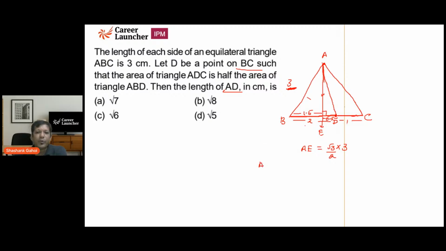I use the Pythagoras theorem: AD square is 0.5 square, that is 1 by 2 square, which is 1 by 4, plus (3 root 3 by 2) square, which is 27 by 4. So that comes out to be 28 by 4, which is 7. So AD square is 7, and AD comes out to be root 7. That's going to be option A.